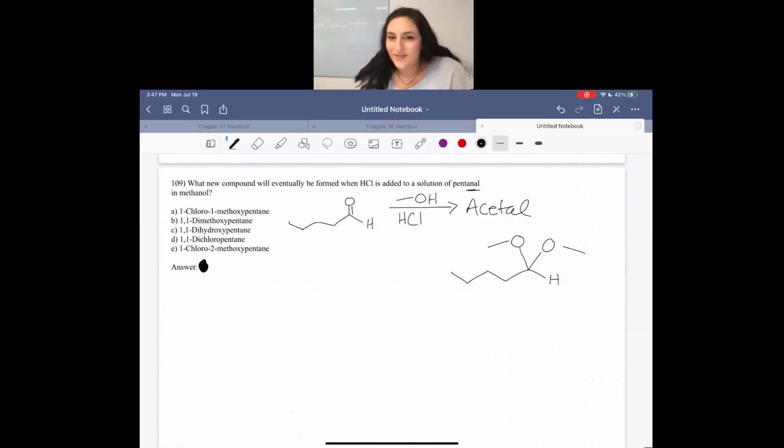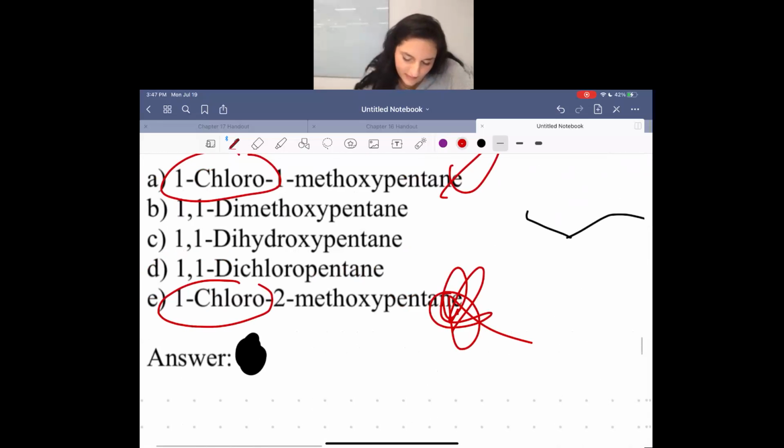So let's look at the answer choices now. 1-chloro? What the heck? Why would we do that? That's so dumb. Garbage. I can't draw an X apparently. Garbage. Okay. And then, ooh, they tricked you because they're all like di, right? And so they look kind of similar. Dihydroxy, dichloro, dimethoxy.